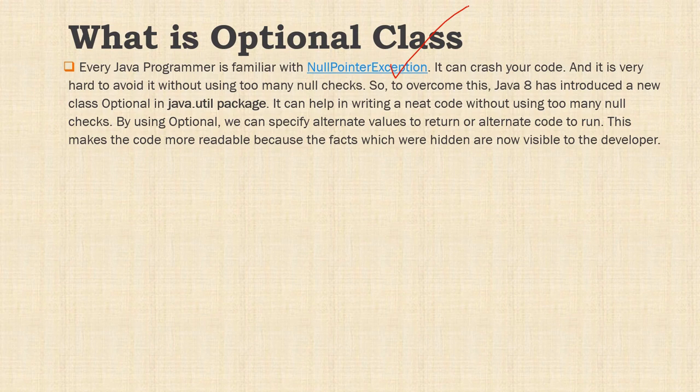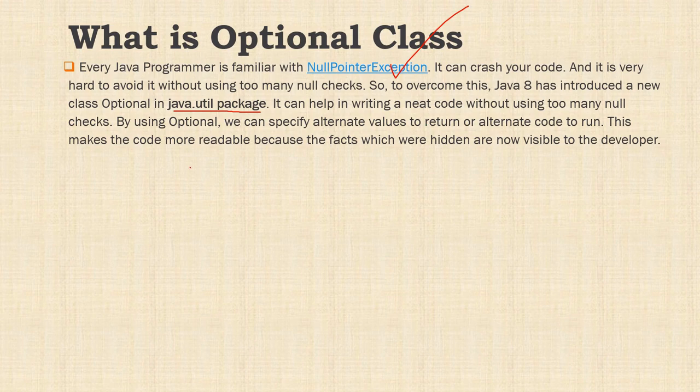Okay, so to overcome this, Java introduced a new class, Optional, in the java.util package. It can help in writing neat code without using too many null checks. By using Optional, we can specify alternate values to return or alternate code to run.